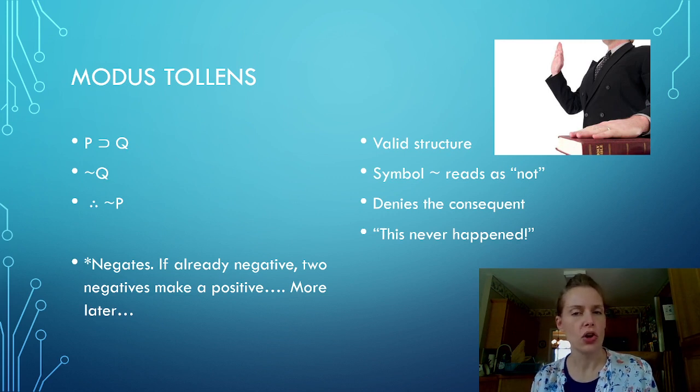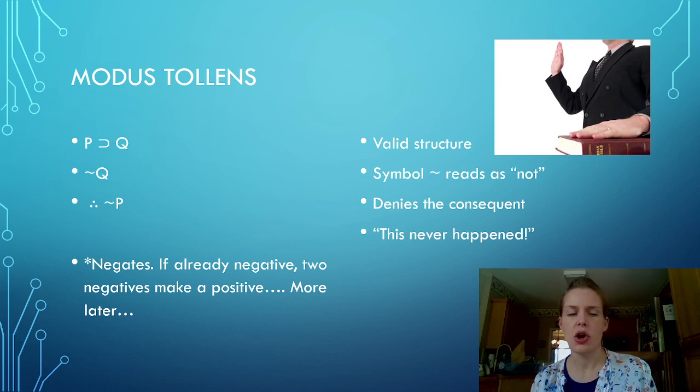We're saying, no, I'm telling you, Your Honor, that consequent never happened. All right, so this denial of the consequent then leads us to be able to deny the antecedent. So if P then Q, not Q, therefore not P. And just like the modus ponens, this is a valid structure, always valid structure.